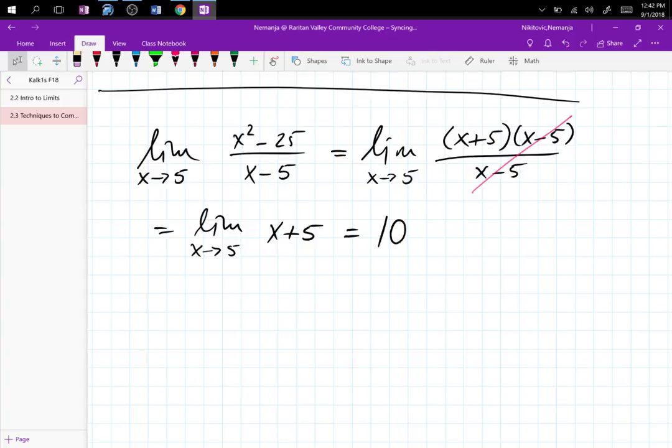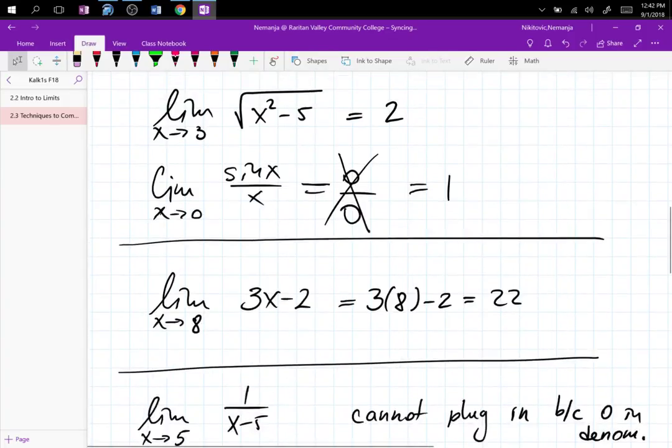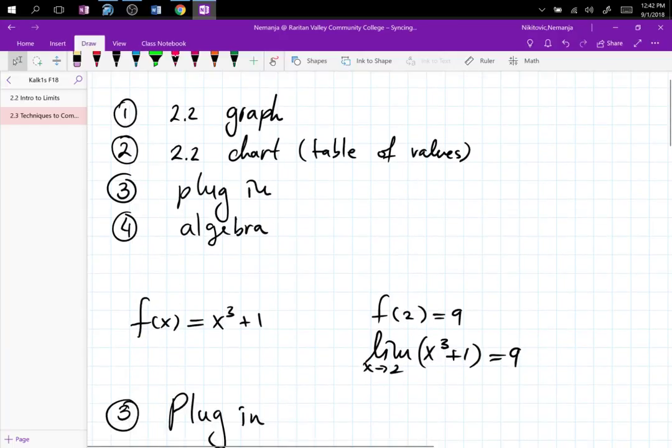So one of the ways to use the algebra, let's go here. We see shift graphs, right? So you can, and now factoring.